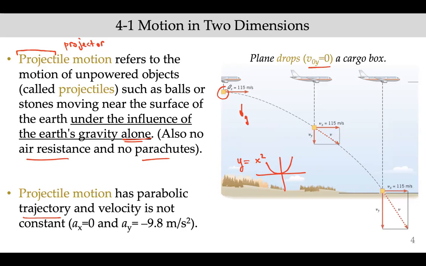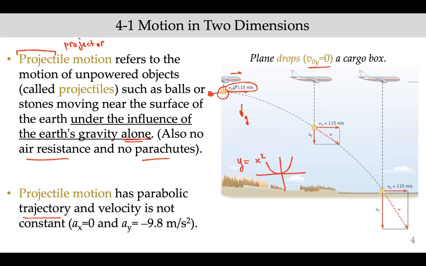Now, if you look at the horizontal velocity, this velocity is actually the velocity of the plane, right? The same velocity. The box was going with the plane. So even after dropping it, the box should have the same velocity, because if there's no air resistance, there's nothing in the horizontal that would change, no force, right? Is there any force pulling it back or forward?